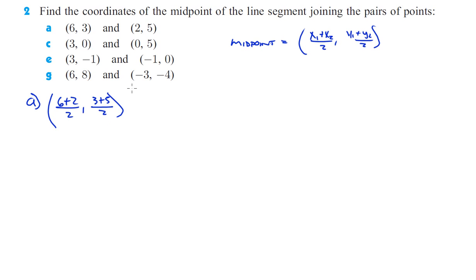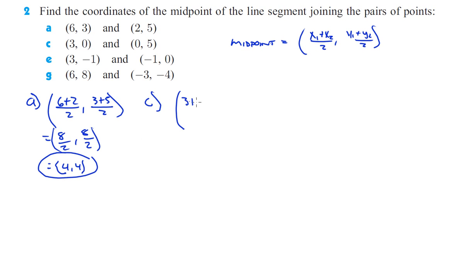So that gives us, let's see, 8 halves and 8 halves, which means that we get 4 is the midpoint. Okay. C, same thing for all of these.